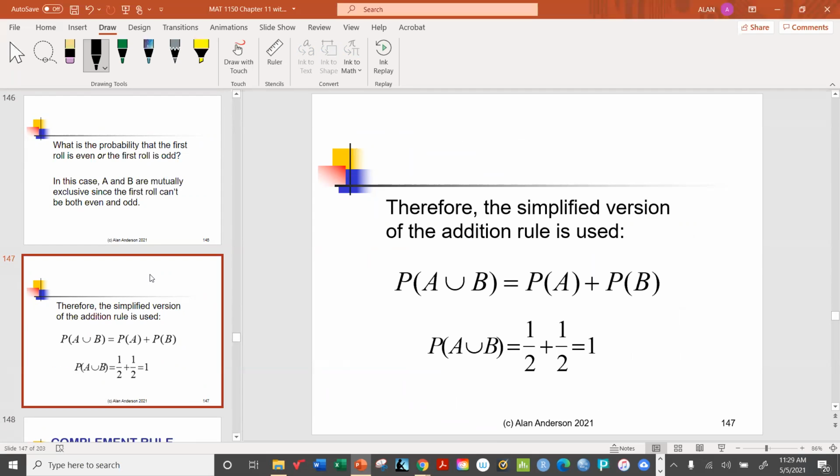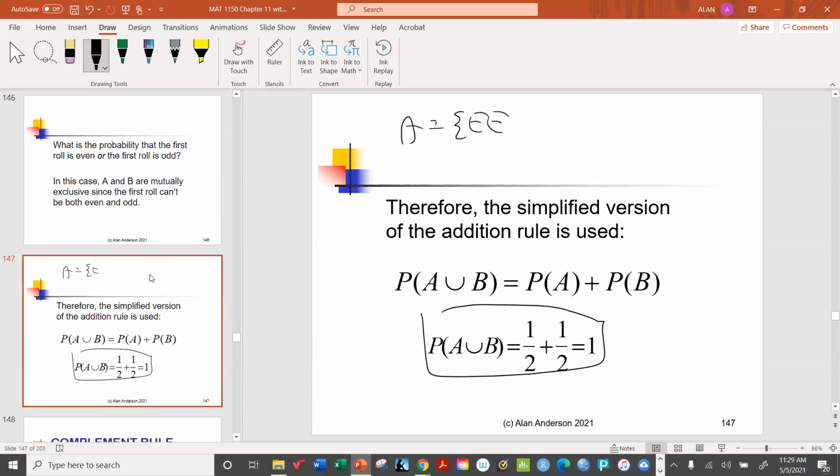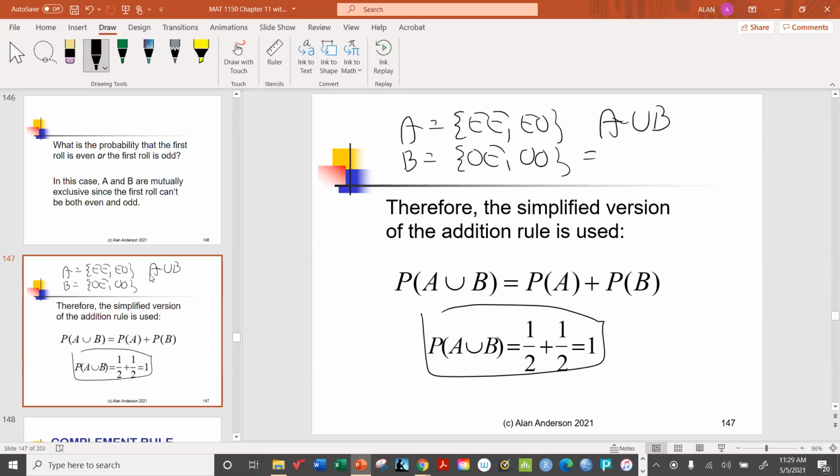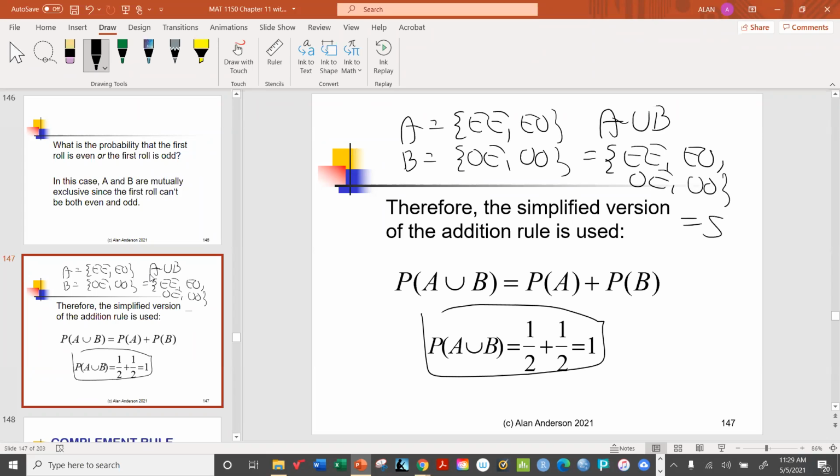We add them up, and ta-da, we're done. It just so happens that the probability is 1, and that's because you can see that these cover all the possibilities. In other words, their union is the set containing EE, EO, OE, and OO, which is just the entire sample space. And the probability of the sample space is defined to equal 1.